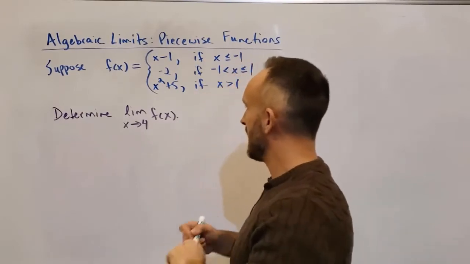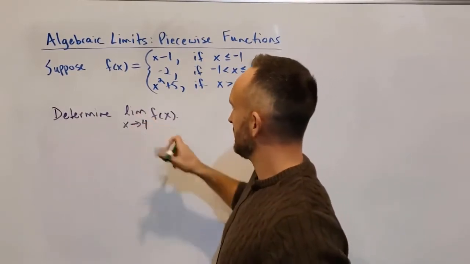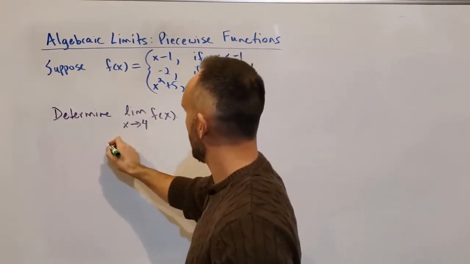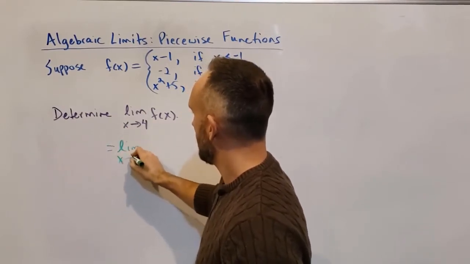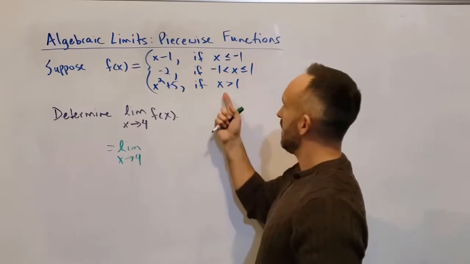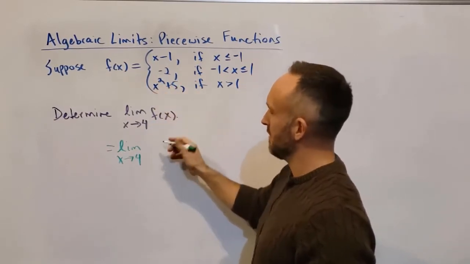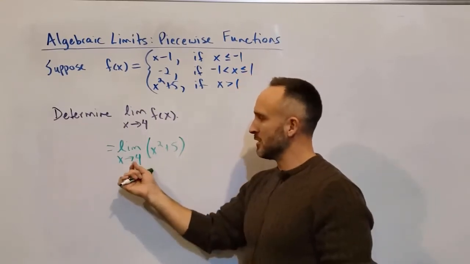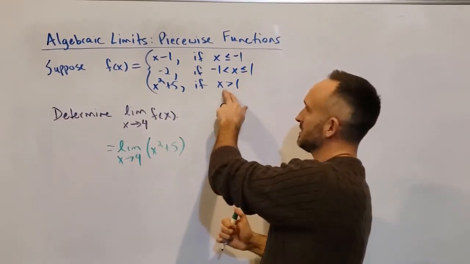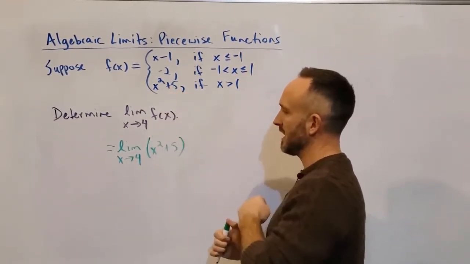So in this case, we can say that the limit as x approaches 4 of f of x equals the limit as x approaches 4 of x squared plus 5, because whenever x is near 4, it certainly is greater than 1. So we use this output.